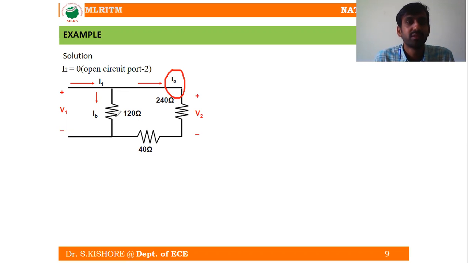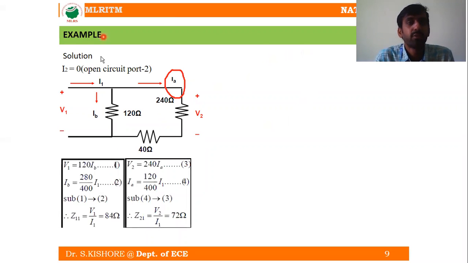So now from this equivalent circuit, when we consider I2 is equal to 0, this is going to be our circuit. Now from this, I am going to consider the voltage V1. V1 is nothing but the voltage across the 120 ohm resistor.